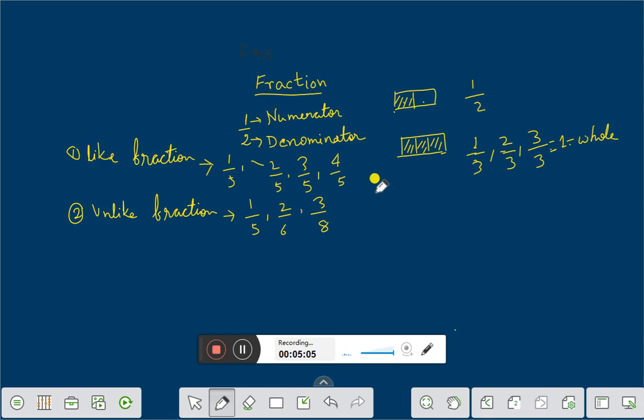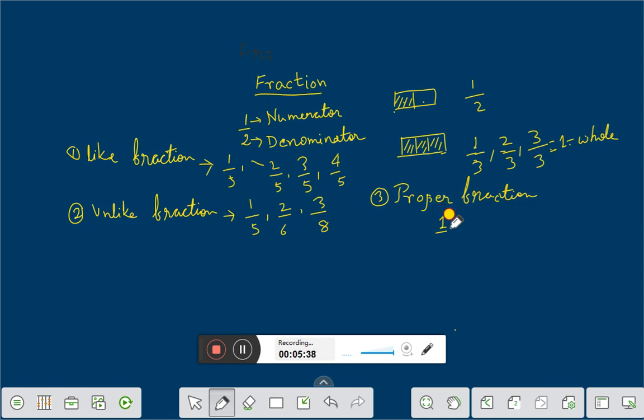Besides that, there are other fractions also, that is proper fractions. What is that? Proper fractions. If the numerator is less than the denominator, it is a proper fraction.